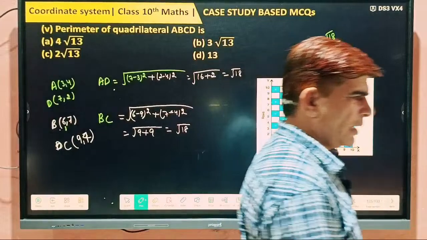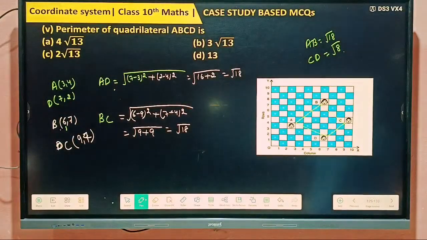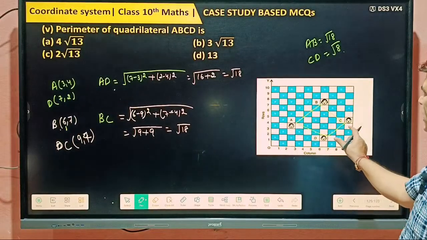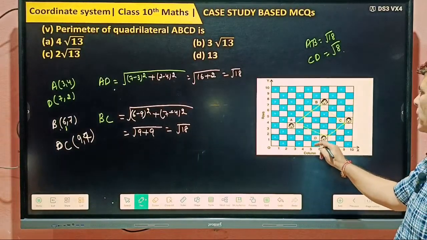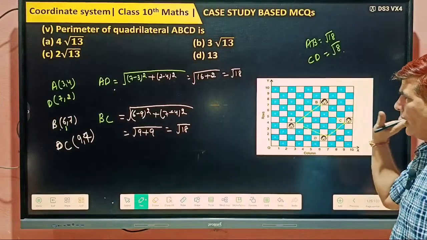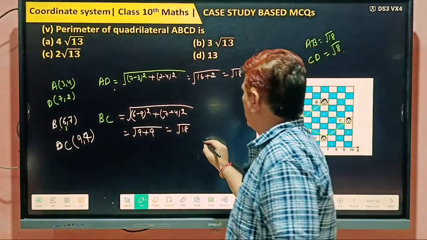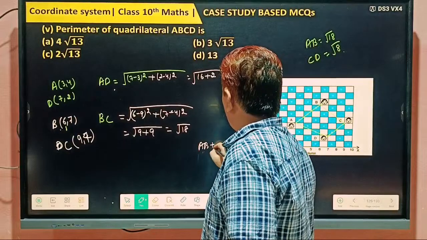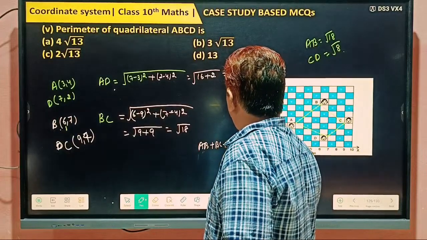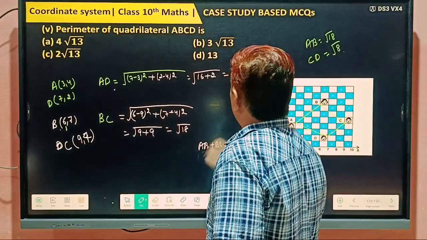So three sides are equal. Three sides are equal, but there is a problem in that side. It may be possible here, but given as it is. So I can tell you AB plus BC plus CD plus DA is its perimeter.